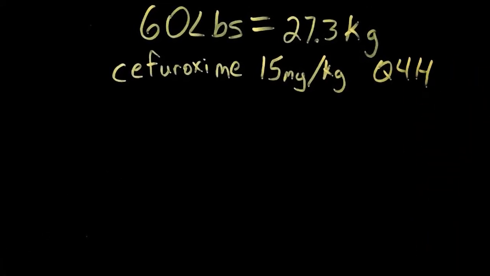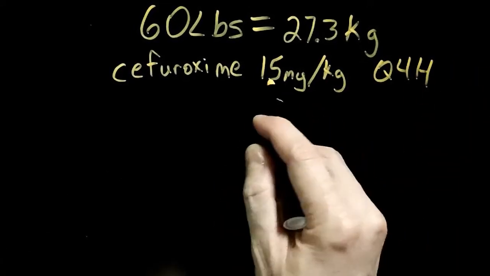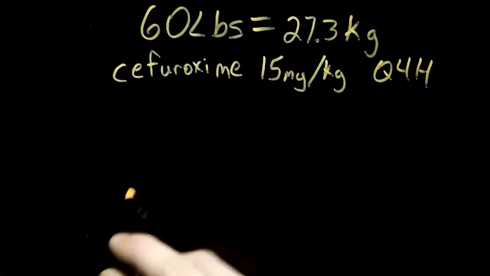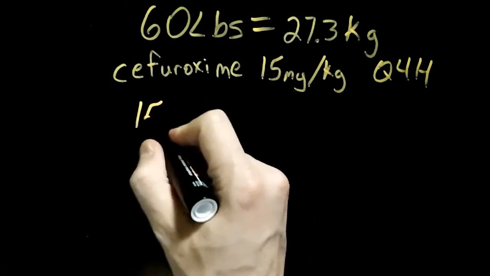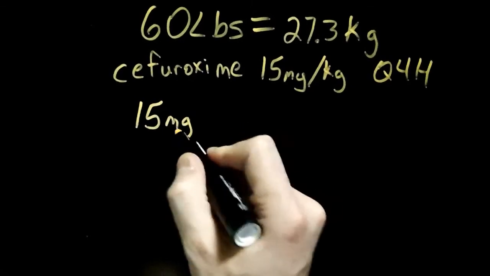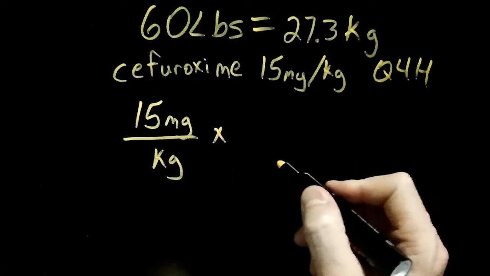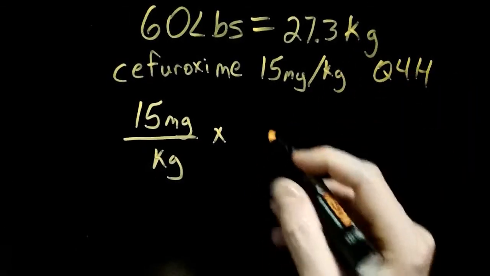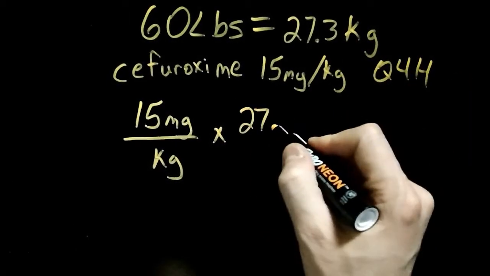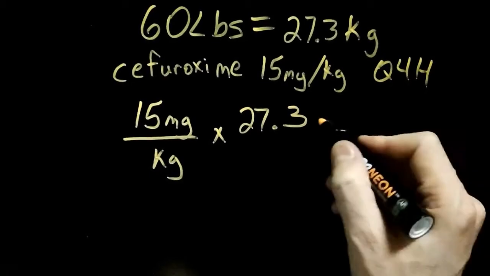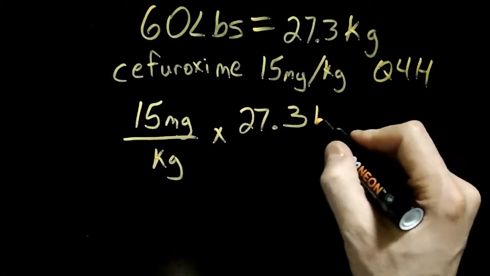So what I need to do here is multiply 15 times 27.3. So I have 15 milligrams per kilogram, and I'm going to multiply that times the weight, which is 27.3.